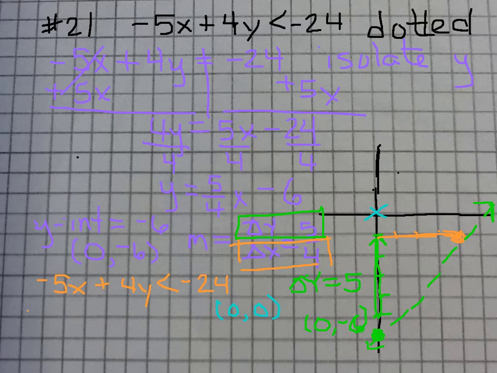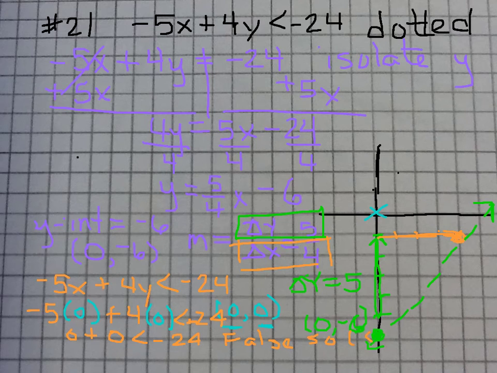I get negative 5 times my x value, which was 0, plus 4 times my y value, which once again is 0, and that has to be less than negative 24. So this gives me 0 plus 0 is less than negative 24.